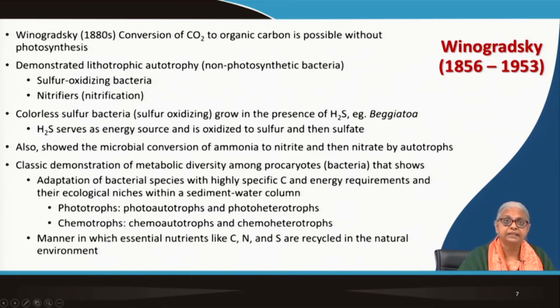All of them coexist in this entire column. You can do a demo in your own lab. You can take a long plastic bottle, fill it with sediment and water with all the essential nutrients and perhaps a little surplus of sulfur, and you may be able to recreate it in the lab. This is the way nature recycles nutrients like carbon, nitrogen and sulfur in the environment.